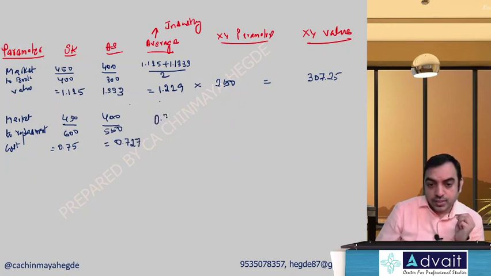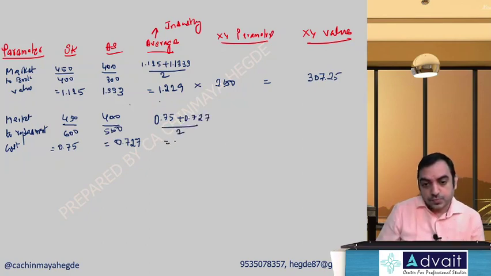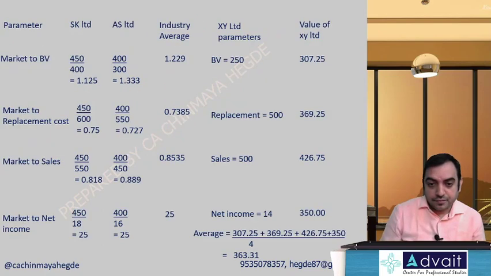Average 0.75 plus 0.727 divided by 2, 0.7385.